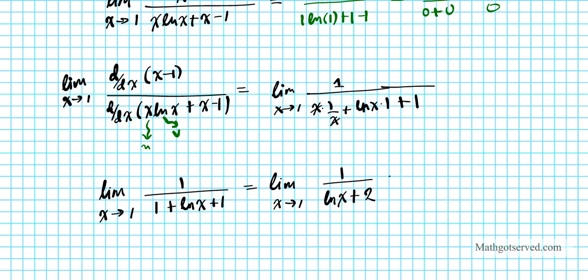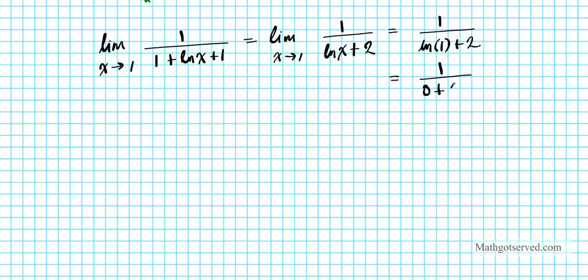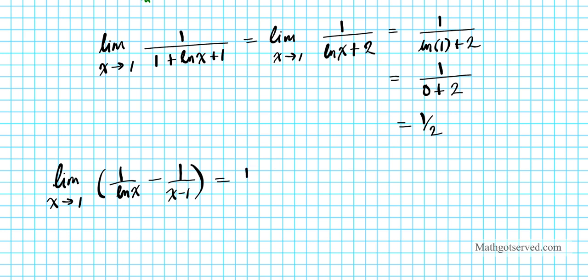Okay, so if I substitute 1, I'm going to get 1 over the natural logarithm of 1 plus 2. And you're going to have 1 over 0 plus 2, which is 1/2. Okay, so that's the value of the limit. So the limit as x approaches 1 of 1 over the natural logarithm of x minus 1 over x minus 1 equals 1/2. Okay? So there you have it.